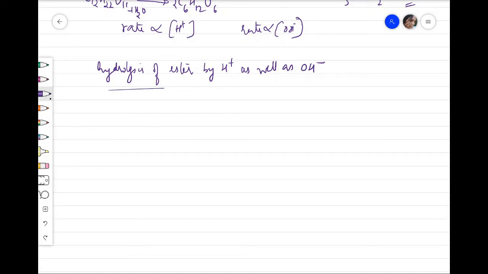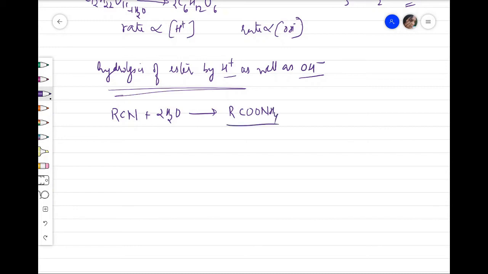This is an example of specific acid base ion catalysis. Another one is hydrolysis of nitrile, RCN; you hydrolyze this and you get RCOONH4. This hydrolysis is also catalyzed by either H plus or OH negative.